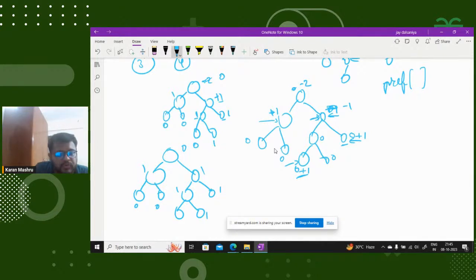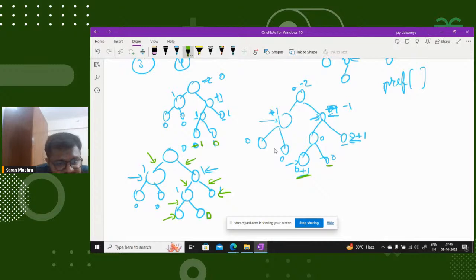So basically what this is showing, our first parcel was going from here till here, and our second parcel was from here to here. So this age was coming one time, this age was coming one time, this age was coming one time, this age was coming one time, and this age was coming one time. So this was 0 and this was 1. Okay, so this is 0 because the parcel is not going through this age.